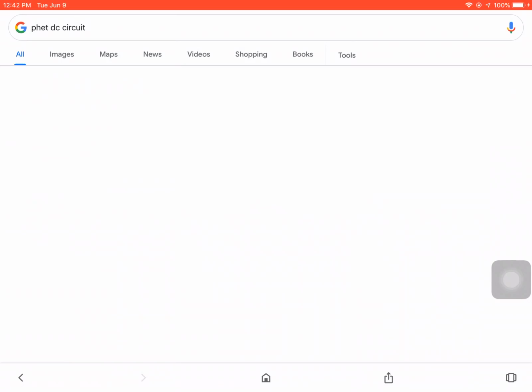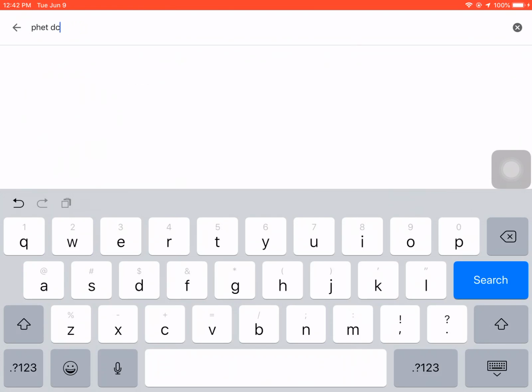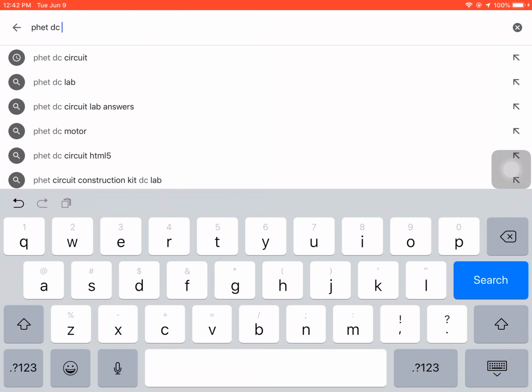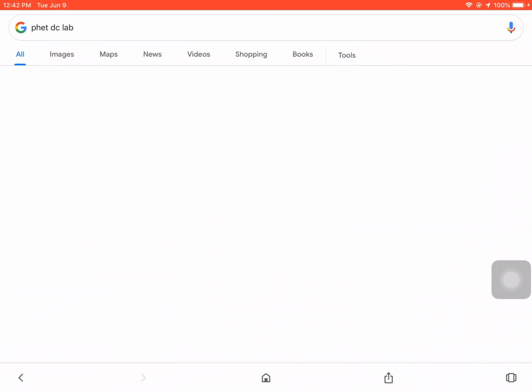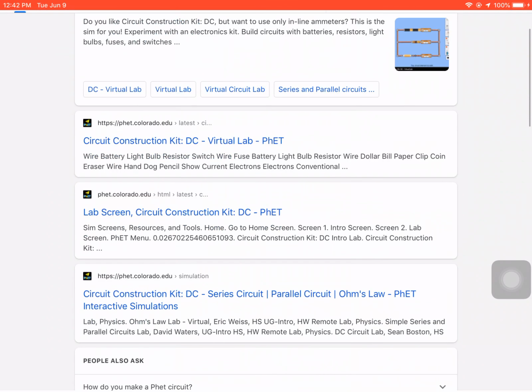For some reason, it doesn't look like it's doing anything. PHET simulations, PHET battery circuit, PHET DC lab. Okay, so there is one there, Circuit Construction Kit DC Virtual Lab PHET.